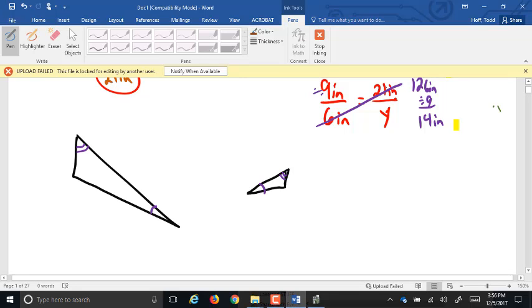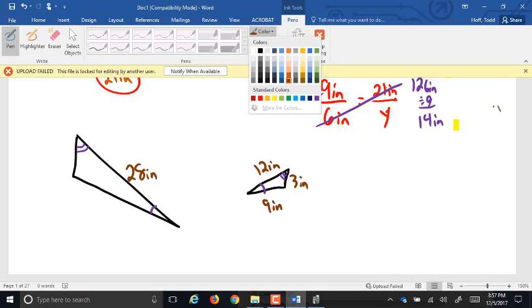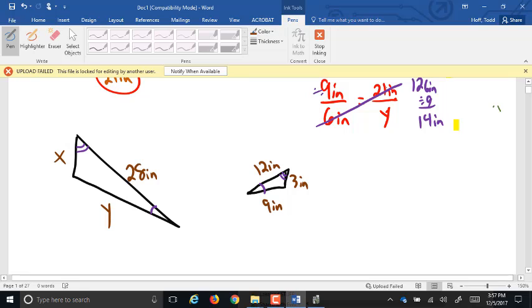They have the same angles. If I tell you that this side here is 3 inches, this is 9 inches and 12 inches. If I tell you this side over here is 28 inches. To set this up, when I have a figure like this that's missing two sides, I have to find a set of corresponding sides where I know the length from both triangles.